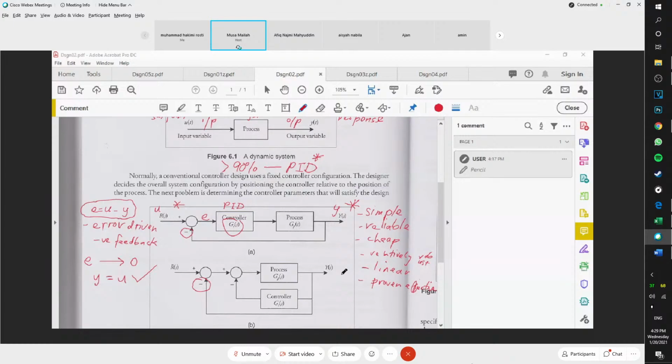In fact, it is sometimes called classical control. When people say classical control, it refers to PID. Sometimes it is called conventional. When it's called classical or conventional, normally it means PID. And sometimes it is called a three-term controller.